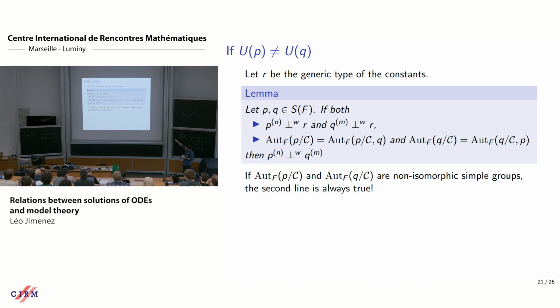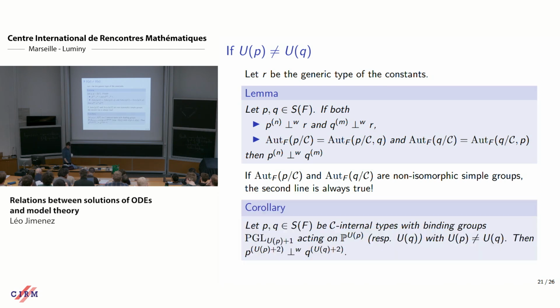Then I can conclude that these types are weakly orthogonal. Okay, so somehow that means that when I did this factorization here, it didn't change anything, right? And it's really just like a Galois theory exercise to do this. Okay, and of course, if these groups, right, are non-isomorphic simple groups, then this is always true, right? So, okay, I mean, so somehow we win in this case, right?